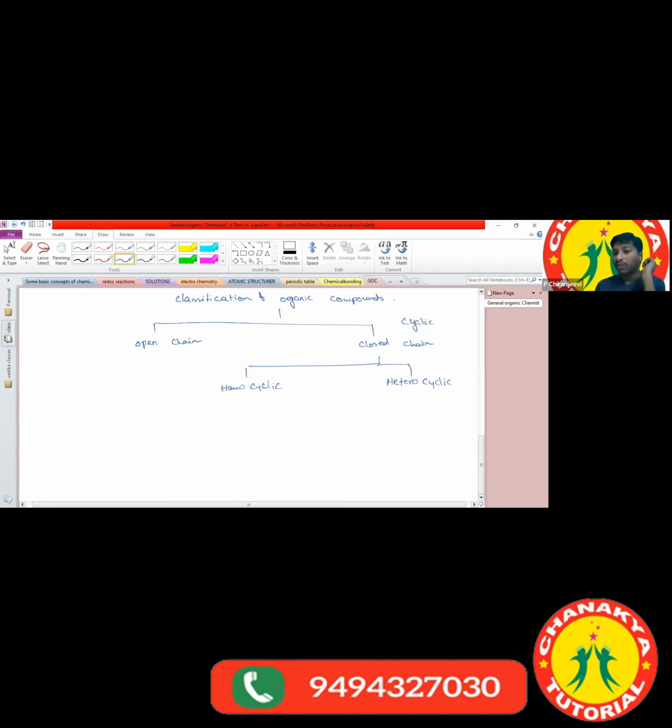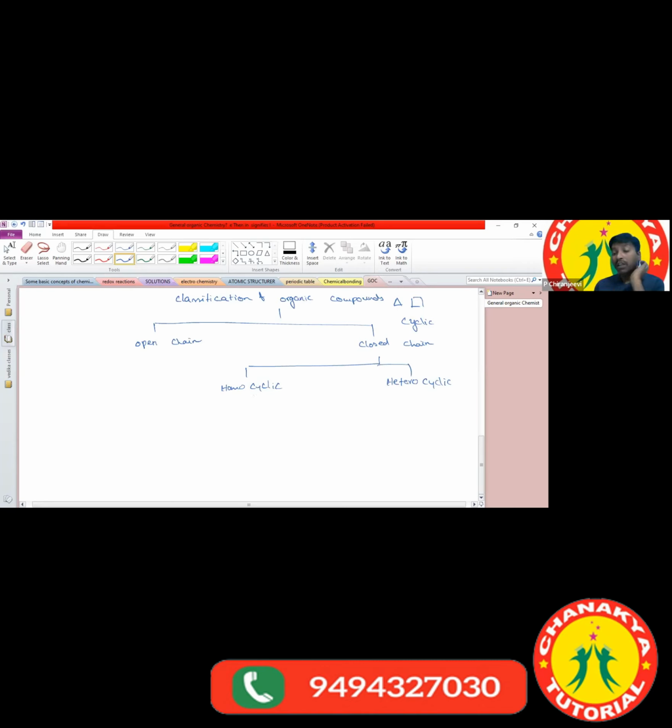The cyclic compounds we have are cyclopropane, cyclobutane, cyclopentane. Homocyclic means the cyclic rings contain all carbon atoms. The cyclic rings which have all carbon atoms are called homocyclic compounds.